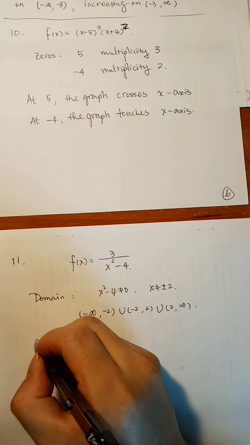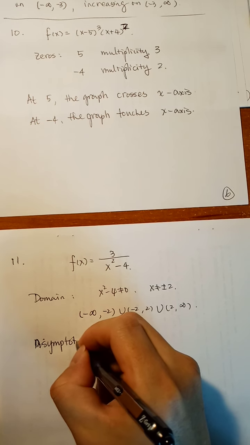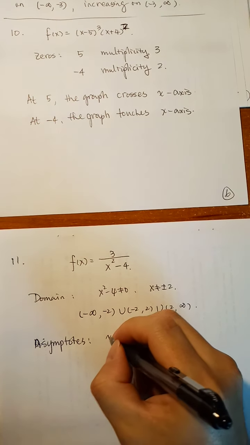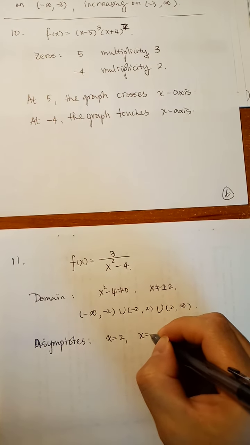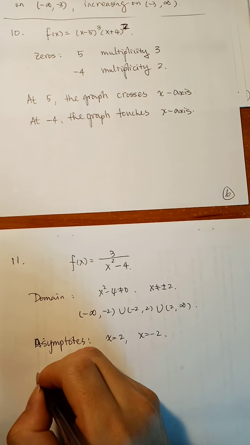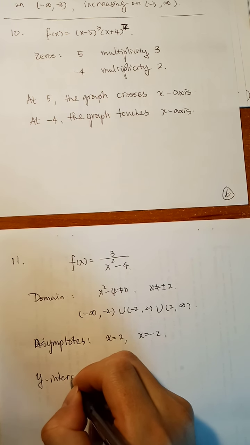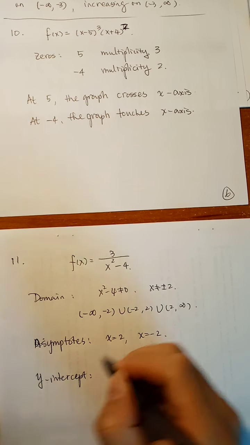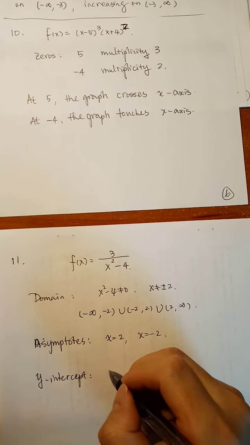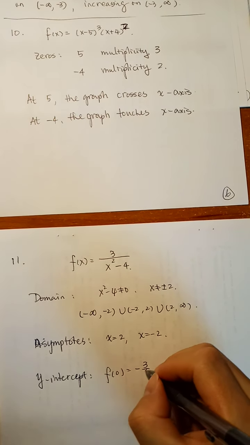Okay, and when we have the domain, we will have asymptotes. Asymptotes x equal to 2, x equal to -2, right? And the y-intercept: x equal to 0, y is -3 over 4.